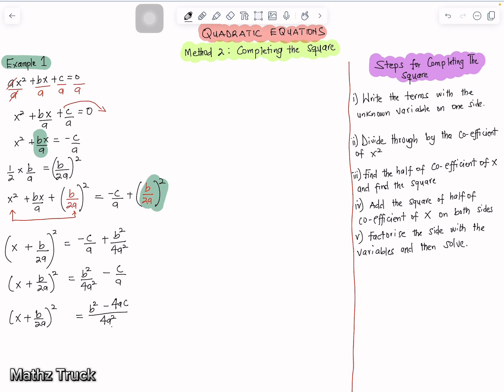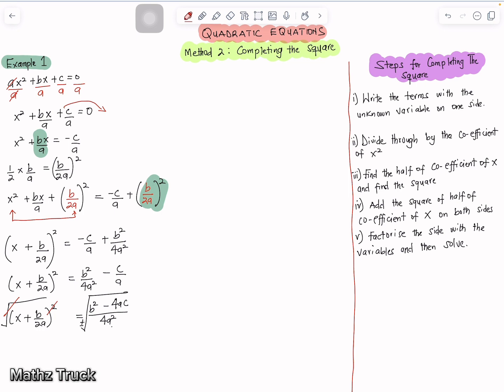We can easily find the square root of both sides, which we can read to be the square root of this side and the square root of this side. This will give us positive, negative. So the square root that we introduce will automatically take this square off.